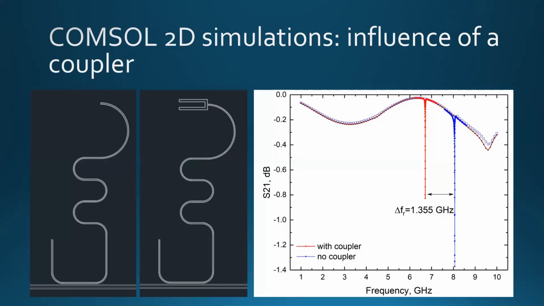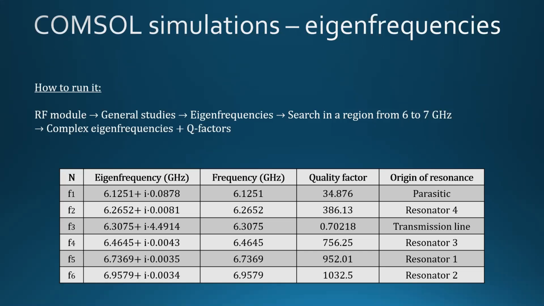For example, there is one resonance which is referred to the transmission line, and one parasitic.